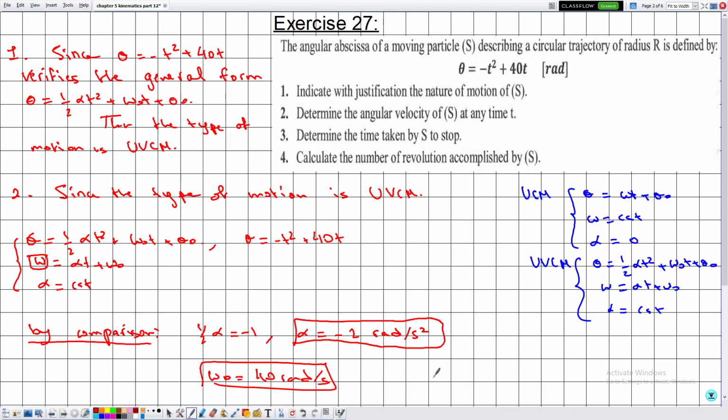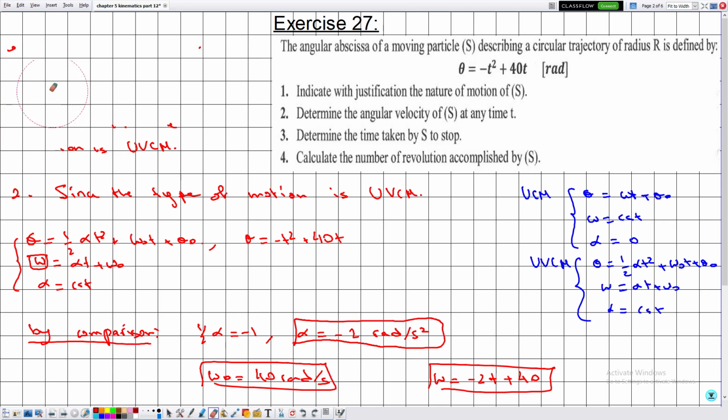Then in this case we can say that omega is equal to minus 2t plus 40. So notice that in this case the moving particle is undergoing UVCM motion.